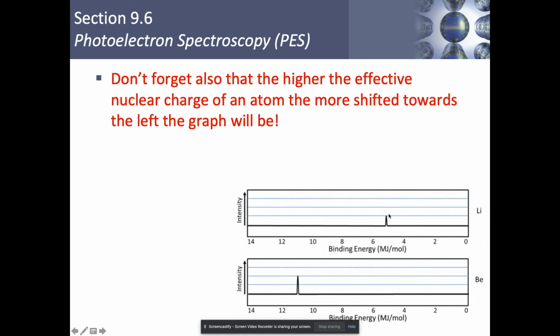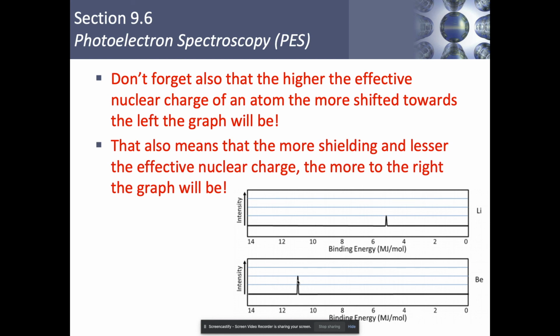So lithium has a single little electron in its outer valence shell. Beryllium has 2. As we go across, notice that beryllium has a much stronger hold on its electrons because it has a higher effective nuclear charge than lithium does. Also notice that the height is different: this only has a single electron in its valence shell, whereas this goes up to the 2 because it has 2 electrons in its valence shell.